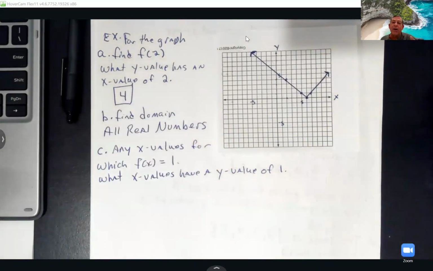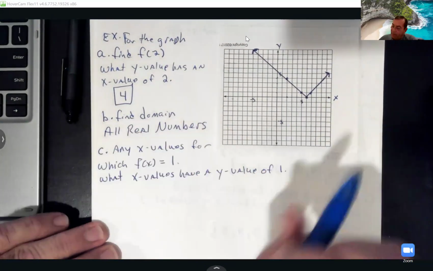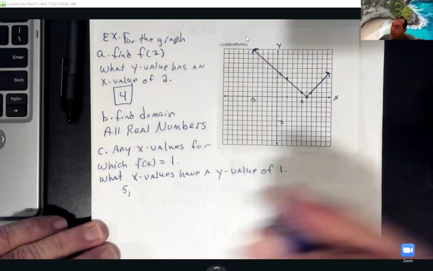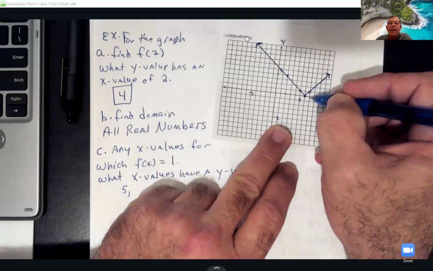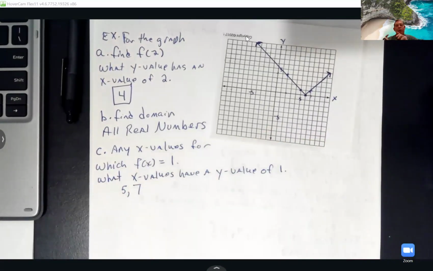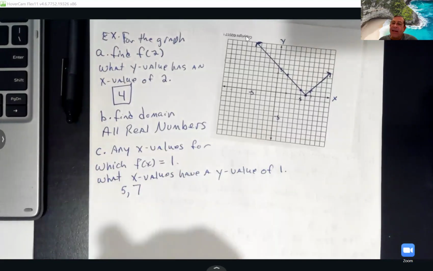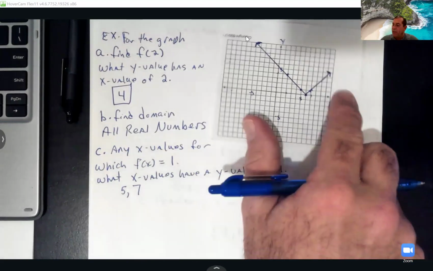So what I now know is, what are them 2 x values? We know this first one sitting here at 5. And then this second point right here is at 7. So at the x values of 5 and 7, my y values were 1 for both of those.